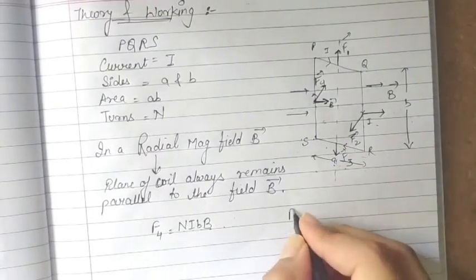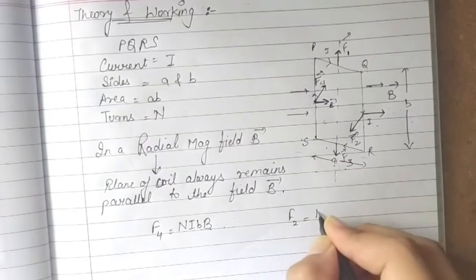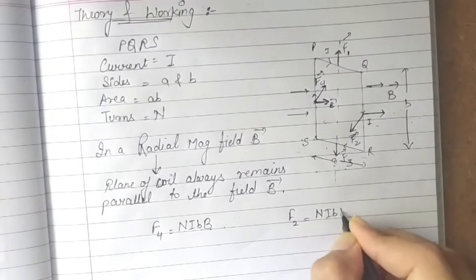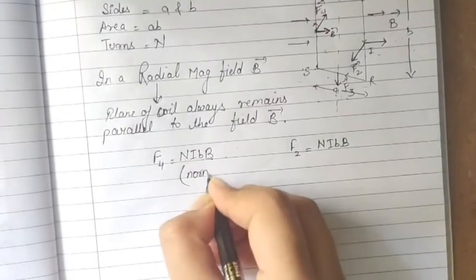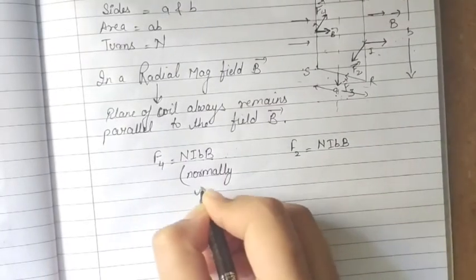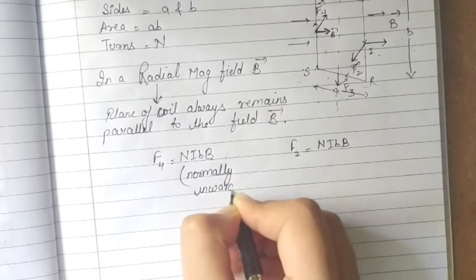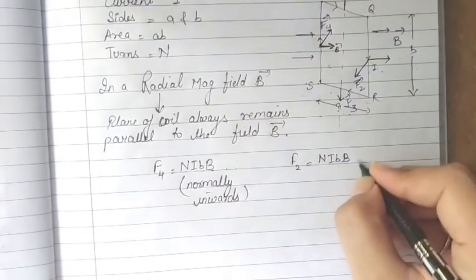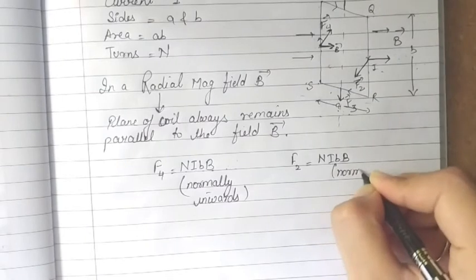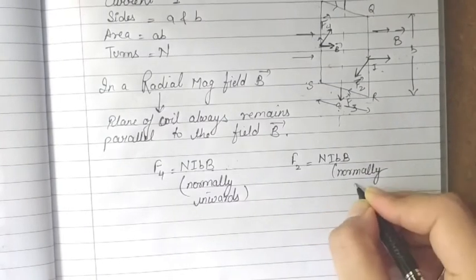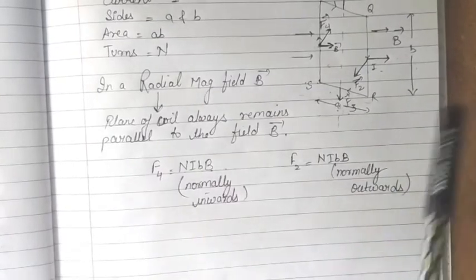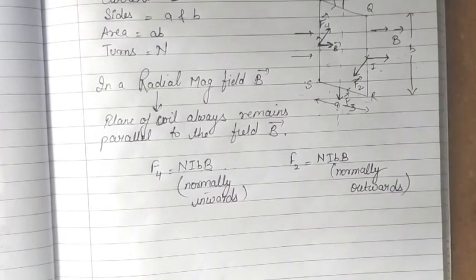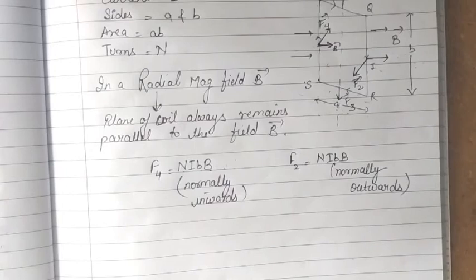So F2 has magnitude again N I b B, but F4 will act normally inwards while F2 will act normally outwards. Since the two forces act normally inwards and outwards, these two forces are equal and opposite and they form a couple.